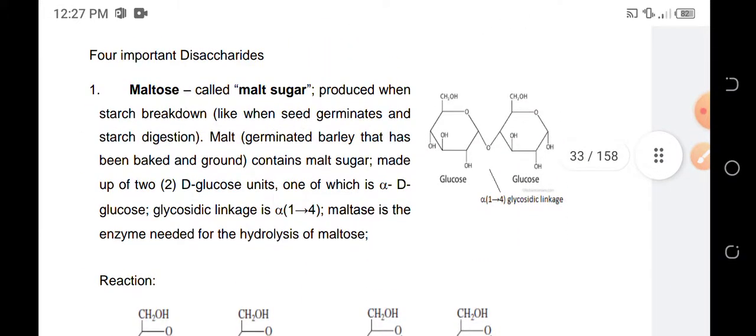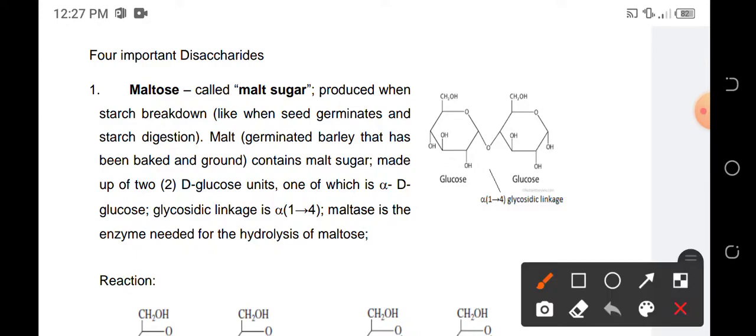Okay, maltose is also known as malt sugar since it is the sugar that is produced when starch breaks down. So, kapag nag-germinate na yung mga seeds or during starch digestion, maltose will be produced.